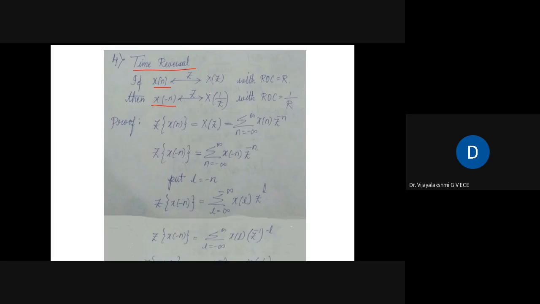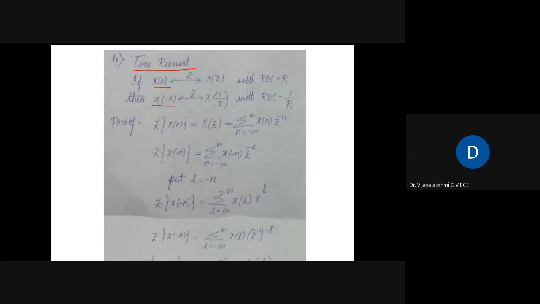Can you see here? X of z is becoming X of 1 over z. 1 over z is nothing but the inverse of z. So even the ROC is getting inverted. So this is the result: if the signal in the time domain is reversed, then in the z domain, z will get inverted, and the corresponding ROC is also getting inverted.